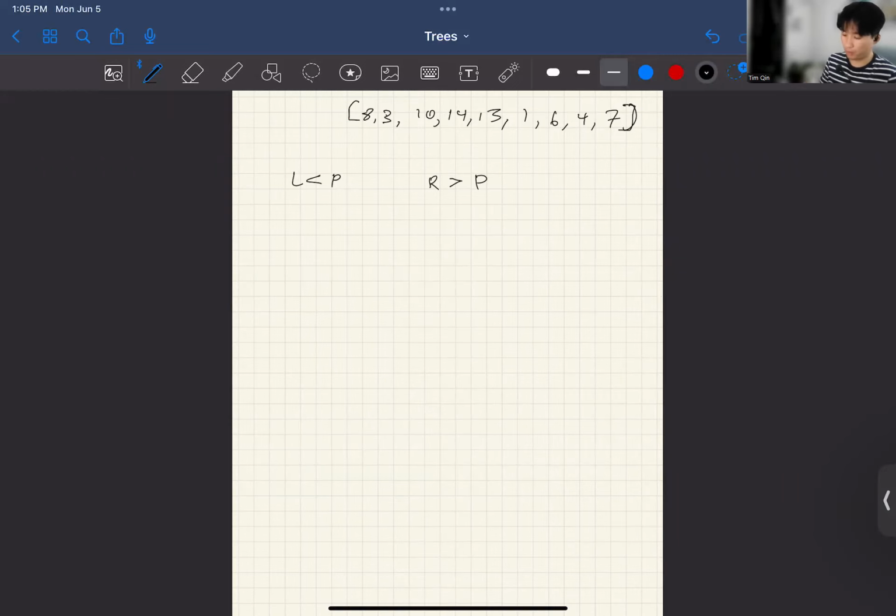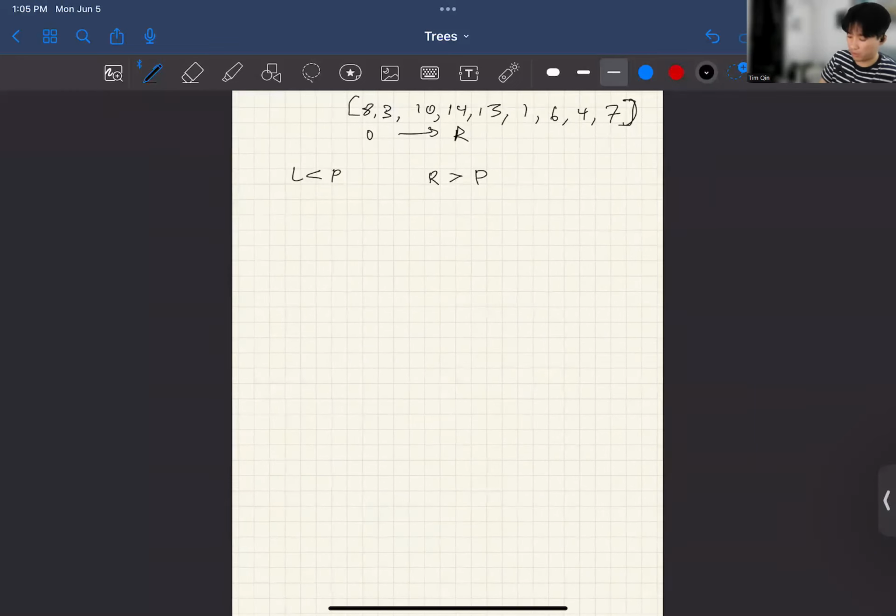The way we would organize this array into this tree data structure is we can start from the 0th element and work our way over to the right. So essentially what we would do is assign 8 as the root element, and we would go from there.